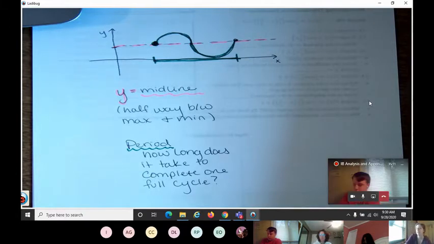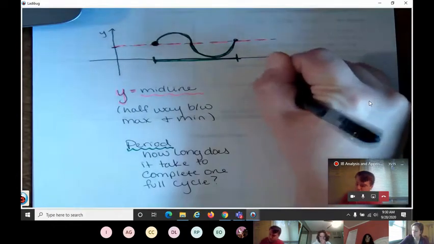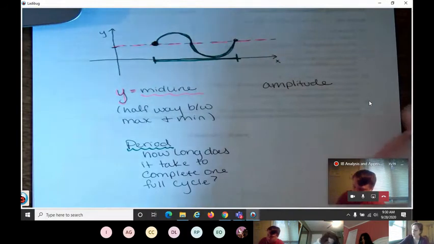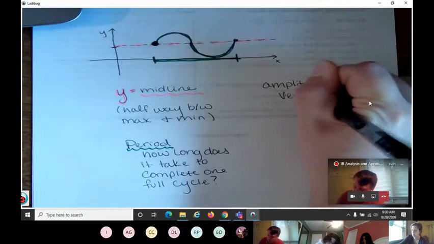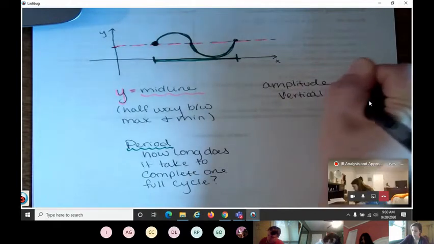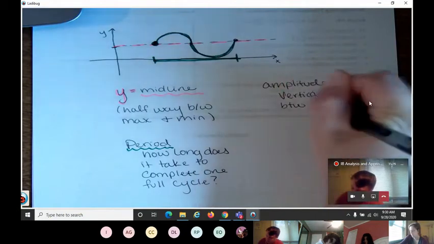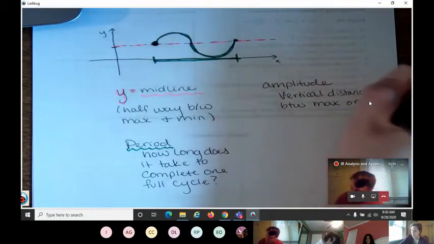If there are no questions, we're going to talk about amplitude. Amplitude is going to be the vertical distance between the max or the min and the midline.